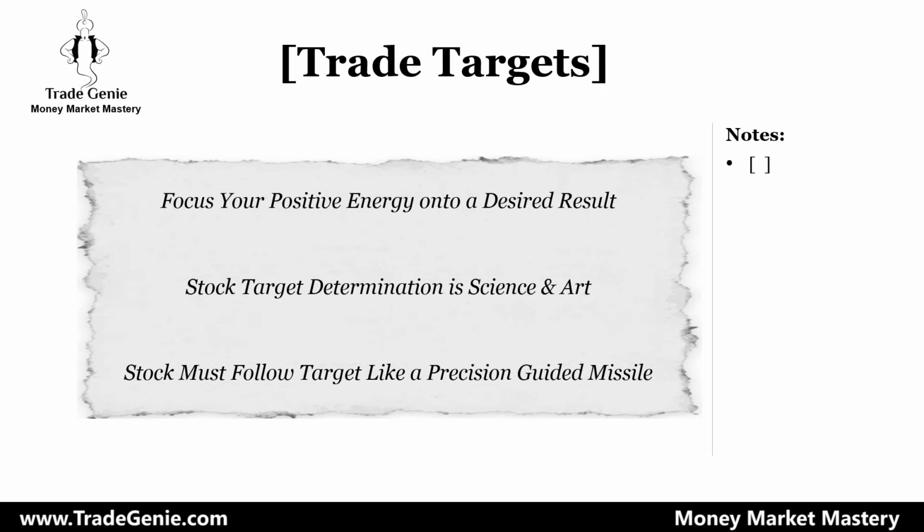This target has never been there. So there are methods to estimate the targets in the future where the stock has never gone. But most of the stocks we are trading are trading in the previous zone. So they have been there.